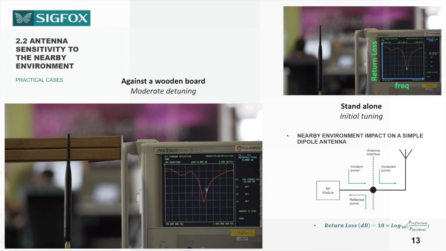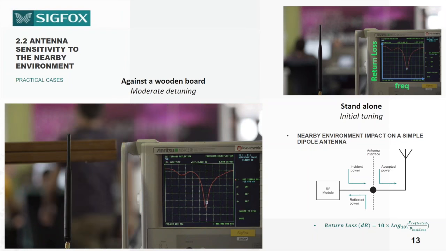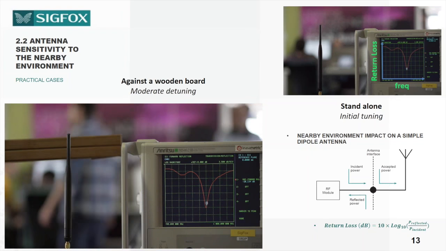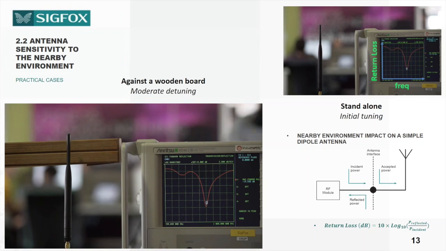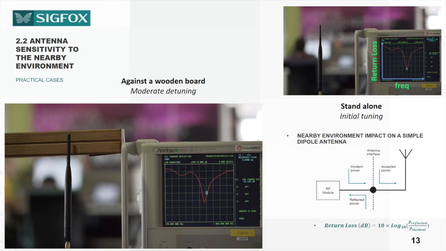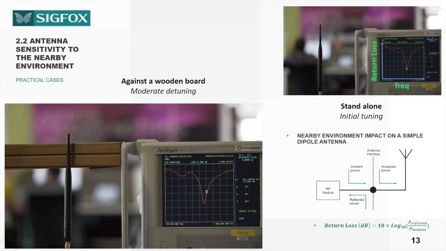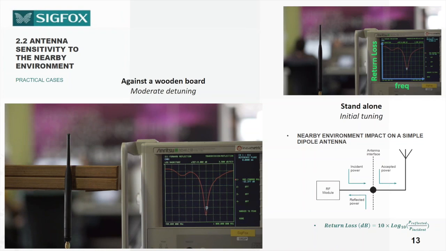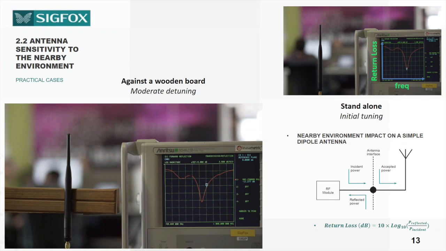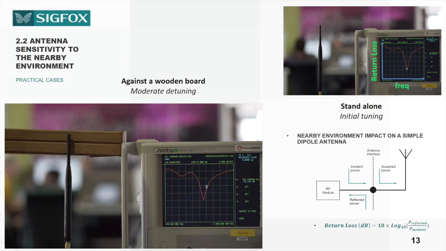Of course, in this video the impact is not as huge as for a metal plate, but still you have a slight detuning. In that case, we have a dipole with a fairly wide bandwidth, so this is not really a problem. We still have a good return loss, and the antenna should work next to a piece of wood. But with a very narrow band antenna, it might really be a problem.